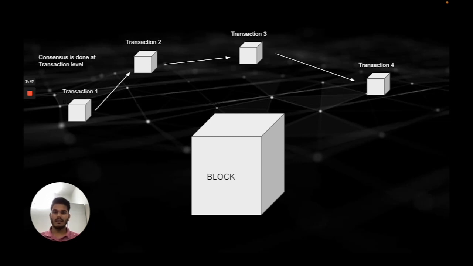Due to the majority, transaction 1 passes consensus and gets added to the block. The same happens to the next transaction, and it again gets into the block. This process continues, and every transaction gets added to the block until the block is filled. That's how transaction level consensus works.